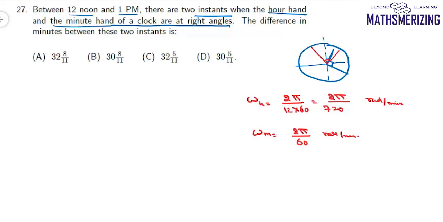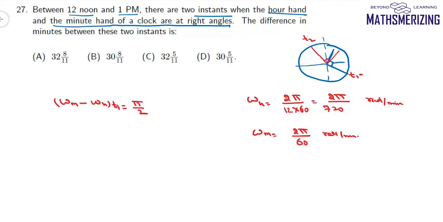Now suppose when they first make an angle of 90 degrees, this time is T1, and the next time they make an angle of 90 degrees is T2. So we write the equation for this time T1: omega m minus omega h into T1 is equal to pi by 2. So what is omega m minus omega h?